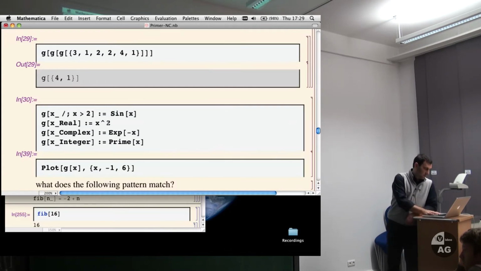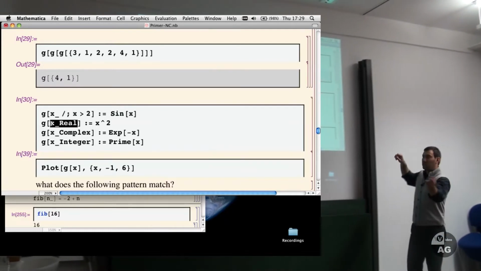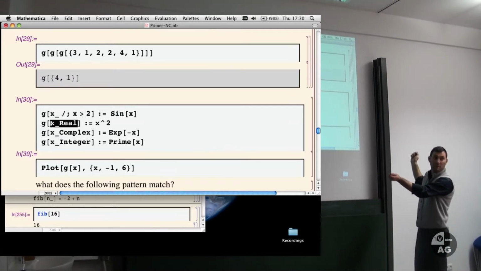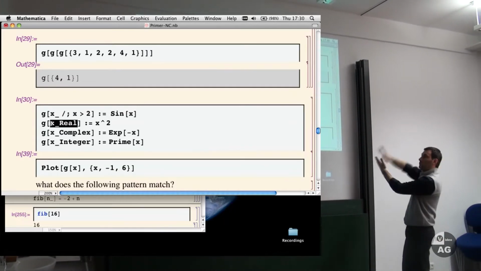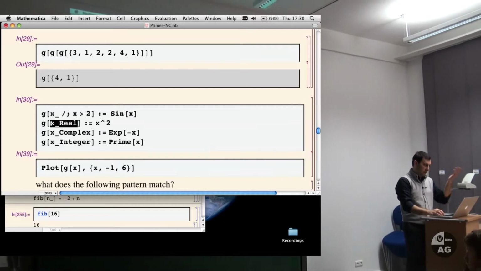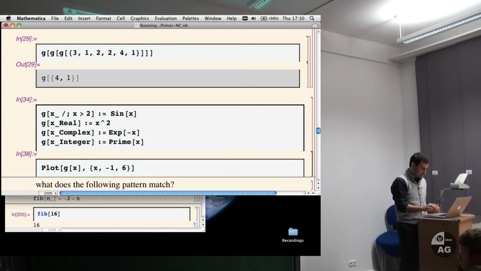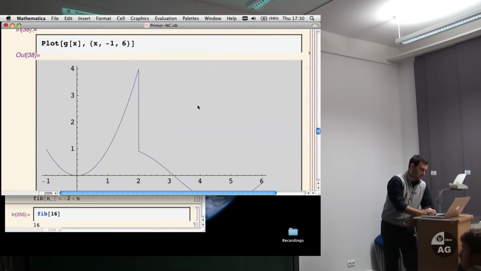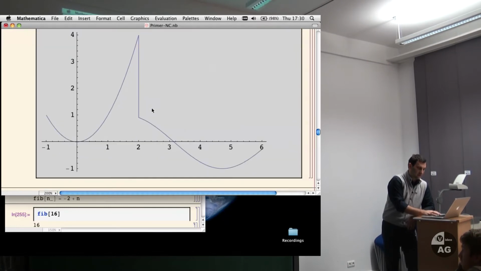Why do you say that this is more specific? This goes from minus infinity to plus infinity, right? And that goes from 2 to plus infinity. Okay. So yeah, I agree with the analysis. That's what happens. We have a parabola, and then we have a sine.